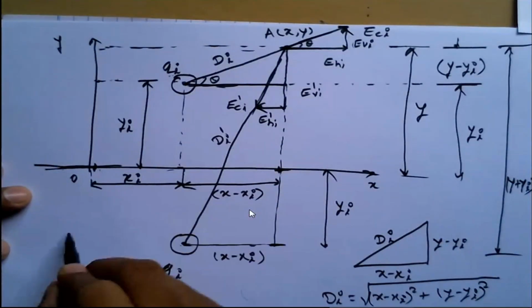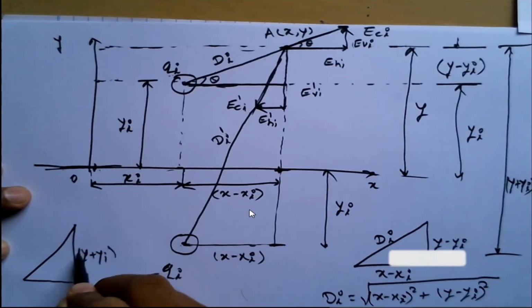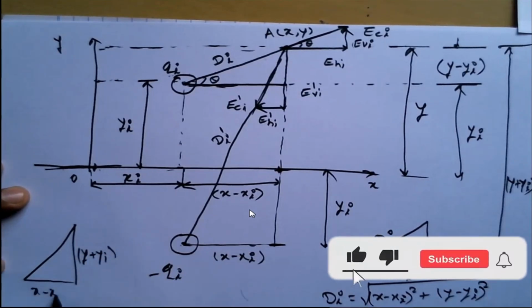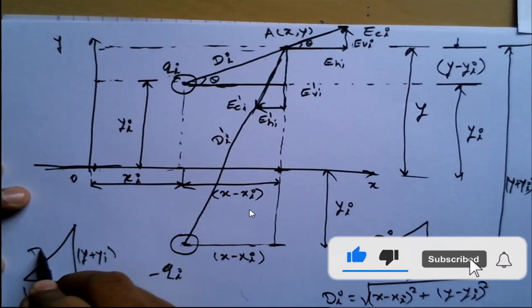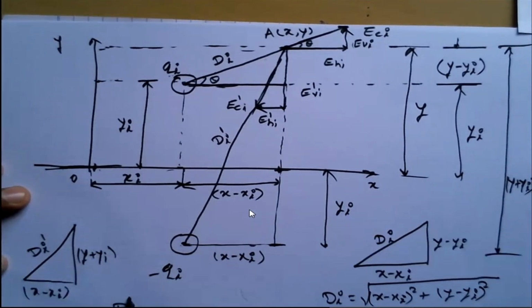If we consider this triangle, this height is y plus yi, this is x minus xi, and this is di dash. So what is di dash? Under root, according to Pythagoras theorem, it is x minus xi whole square plus y plus yi whole square.